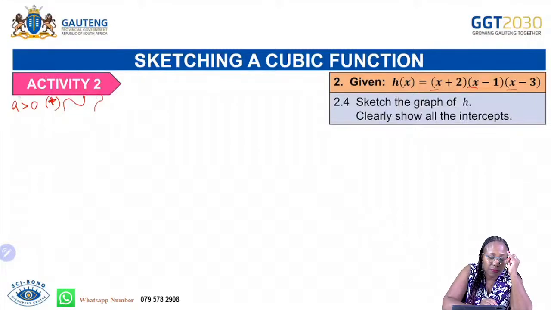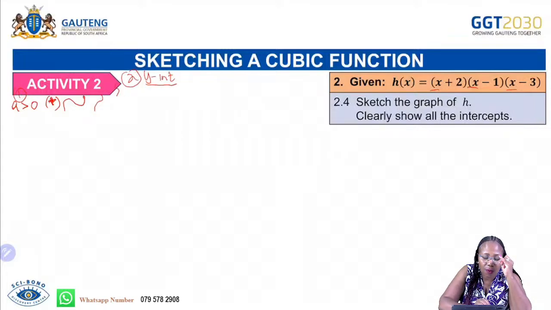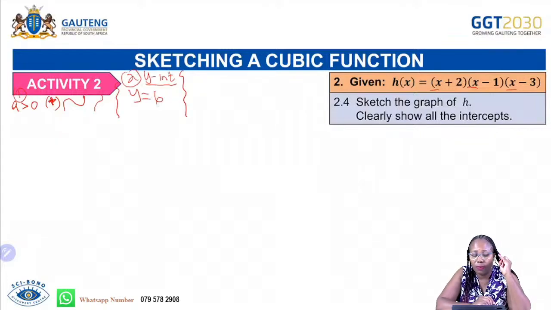That is the first thing, shape. Secondly, you need your y-intercept when x is 0. We have calculated the y-intercept previously, and we found that y is equal to 6, grade 12, on your 2.1, 2.2.